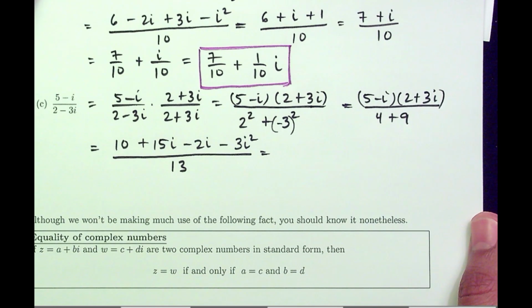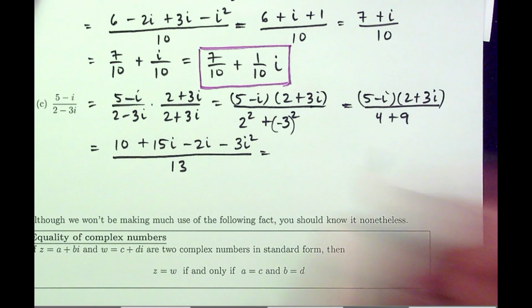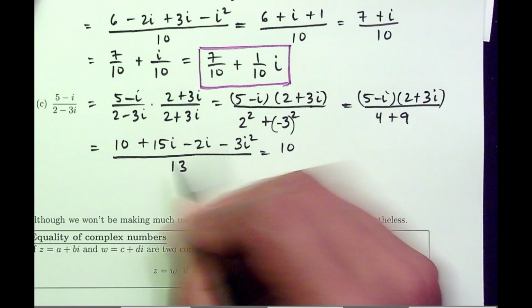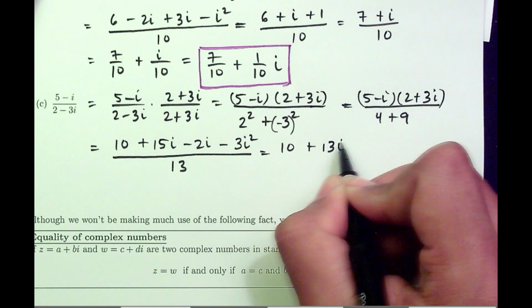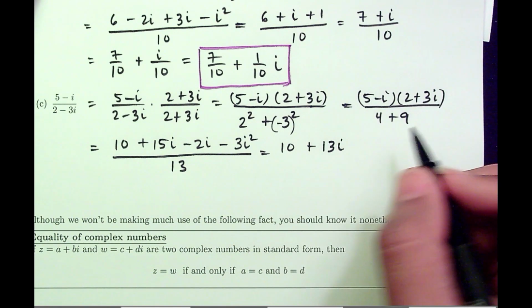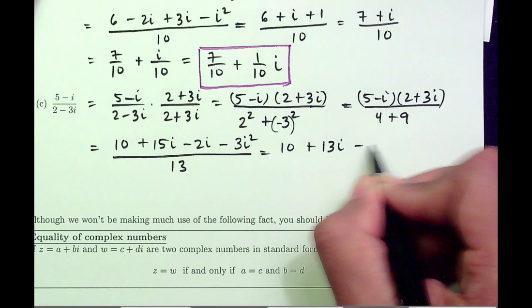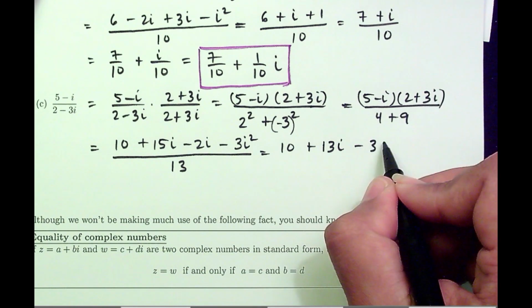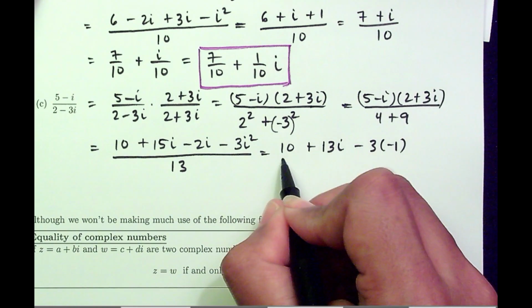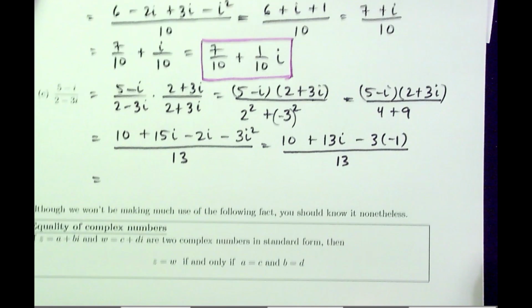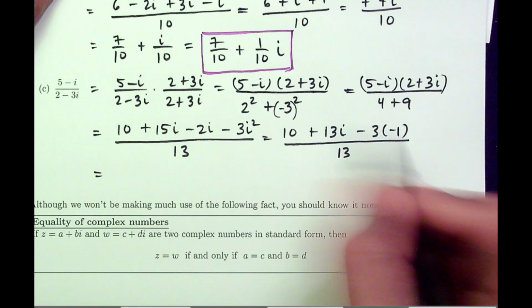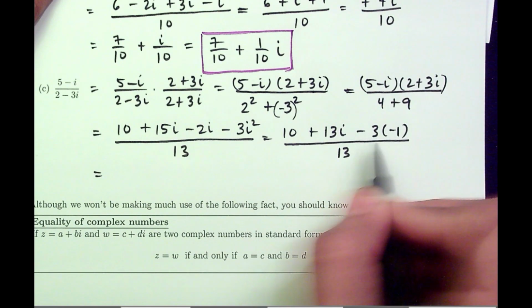Now, collect like terms, simplify as much as we can. The 15i and negative 2i in the middle give me 13i. And then this is going to be minus 3, and then i squared gets replaced with negative 1, and this is the same as plus 3.